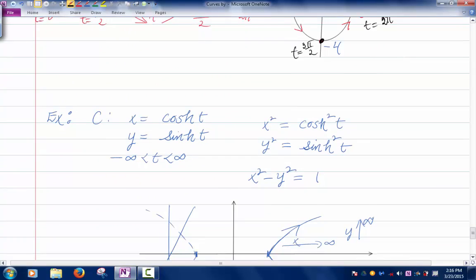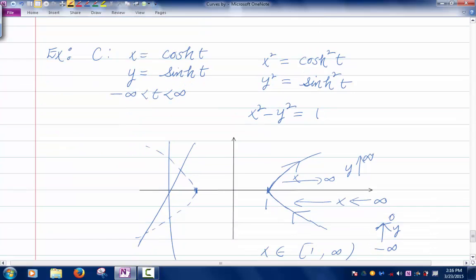Okay, I promise this will be the last example of this section 10.1. This time I have the curve C, where x is hyperbolic cosine t, y is hyperbolic sine t, and t varies over the entire real line.